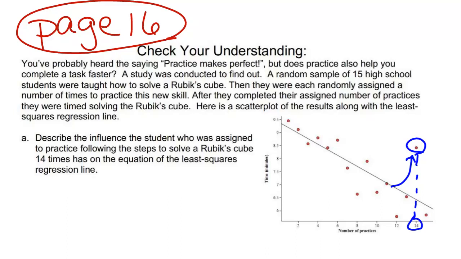Yeah, it's going to make it less negative, right? It's going to make it shallower. Technically, because this is a negative slope, if I pull it up and make it less steep, we would say that is a slope increase. It's going to make the slope less negative.